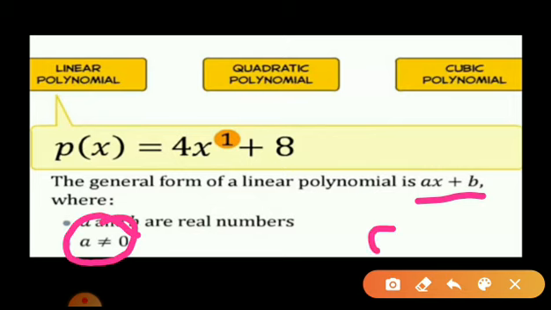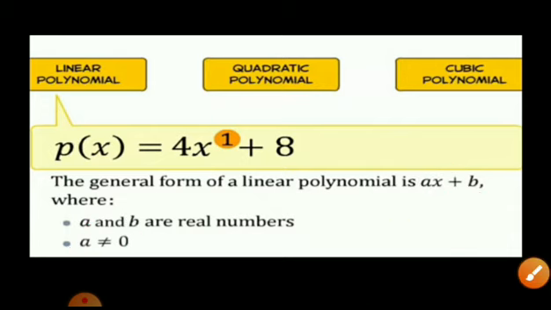Okay? Because if a is equal to 0, then the polynomial becomes just b, that is a constant polynomial. It won't be linear. So whenever it is linear, a should be non-zero. The coefficient of x should be non-zero.